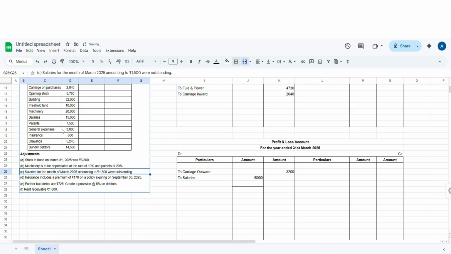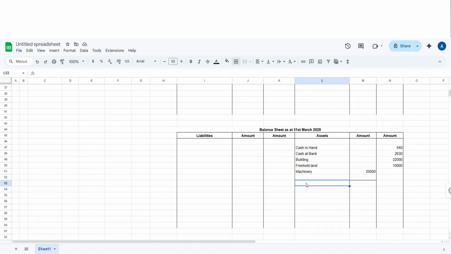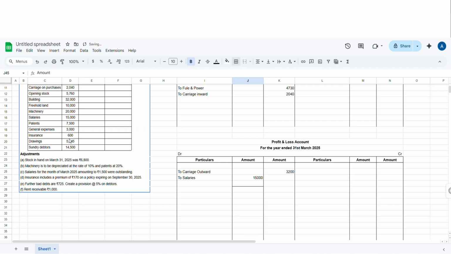And then patents 7,500. Patent is an asset, so balance sheet asset side, 7,500 patents. Then we have general expenses. General expenses is indirect expenses, 3,000 rupees.